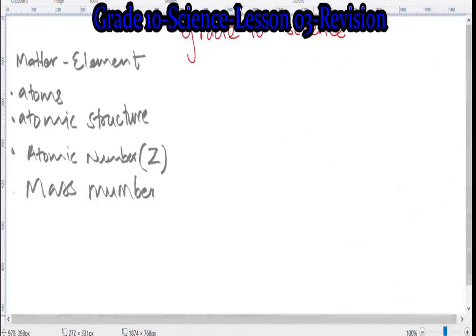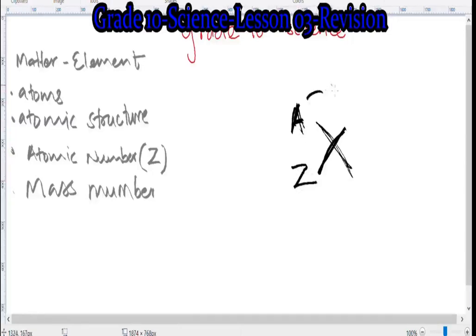Alright, so then when you take a symbol, let's take element X, the mass number comes on top. This is the symbolic representation of elements, and the atomic number comes below.